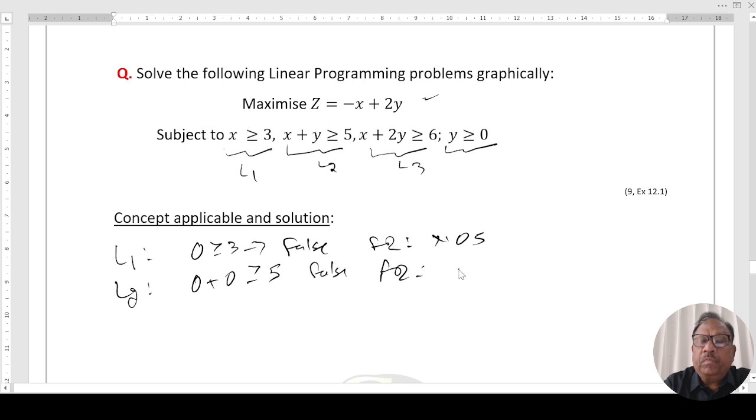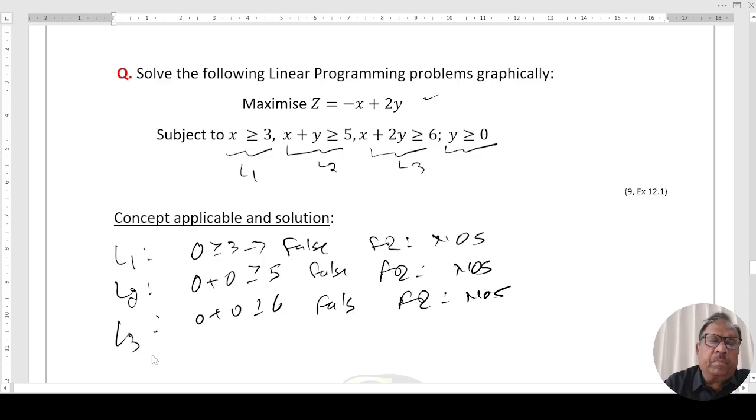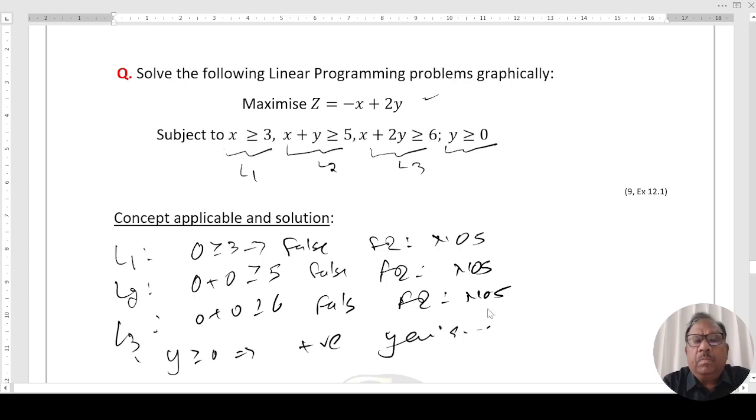Feasible region, non-origin side. L3, 0 plus 0 greater equal to 6, false. Feasible region, non-origin side. And y greater equal to 0, positive y side. ठीक है, positive y side, feasible region. These are the constraints satisfied.